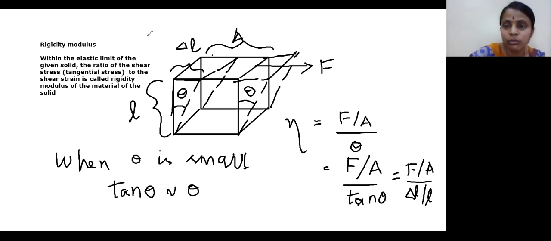Now I'm going to give you in the next page the relationship between the moduli of elasticity, along with Poisson's ratio also, though we do not call it a modulus because it is not stress upon strain; that is also one of the ratios for a given material.